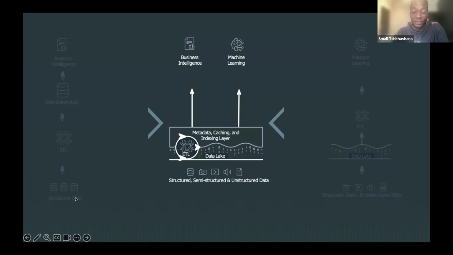And from the business side of it, most data is stored in a cleaned version or in a structured way, so that they don't have to do the whole process of putting it all together or structuring it.